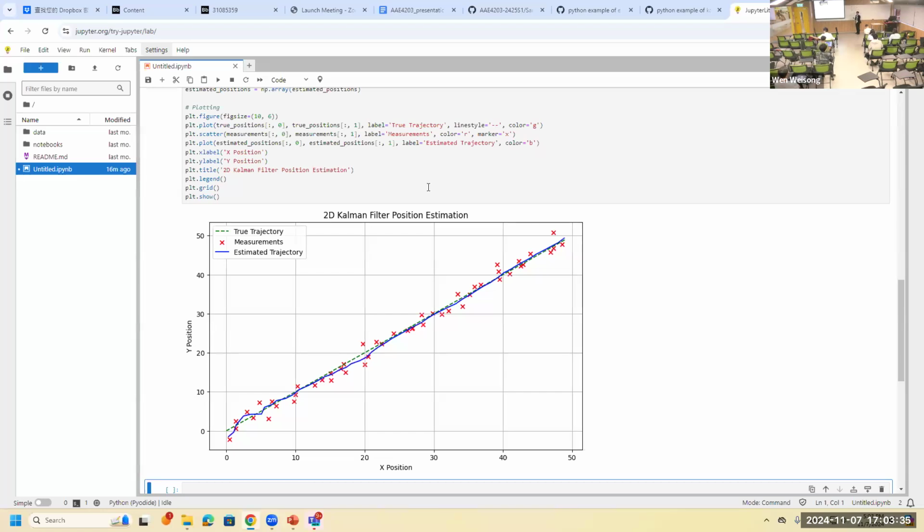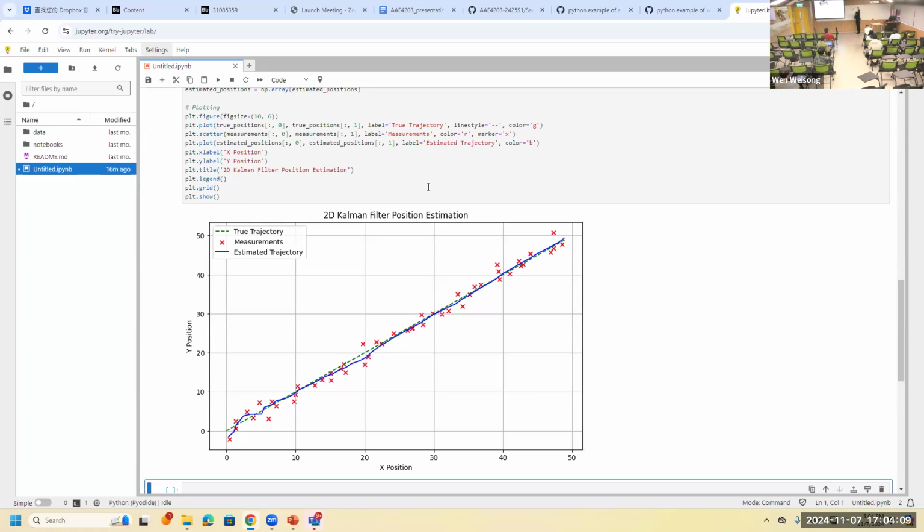So the GPS provides some coordinates, X, Y, Z. Because the GPS is not accurate, this is quite noisy, right? If you connect those points, it's going to look like this. You see it deviates from the reference trajectory.